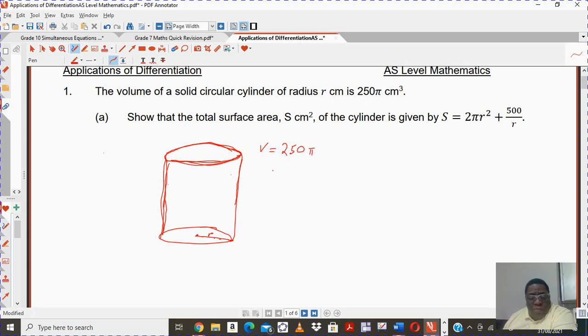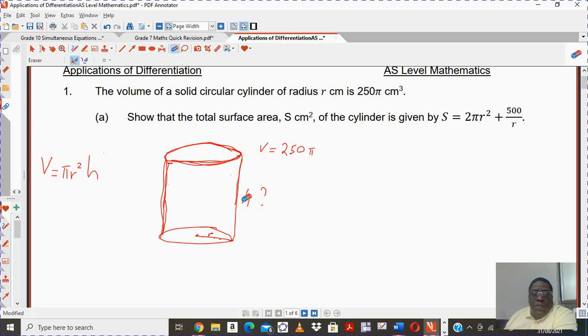We are supposed to look at a few things. If you find the volume of a cylinder, it is given by the formula volume equals pi r squared h, where h is the height, which is what we don't know, okay?